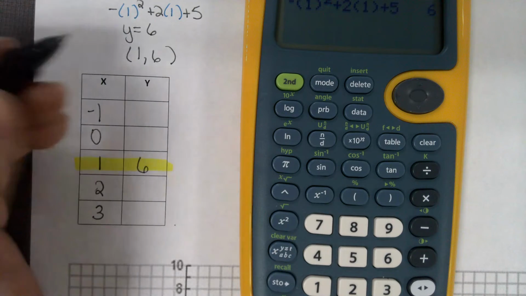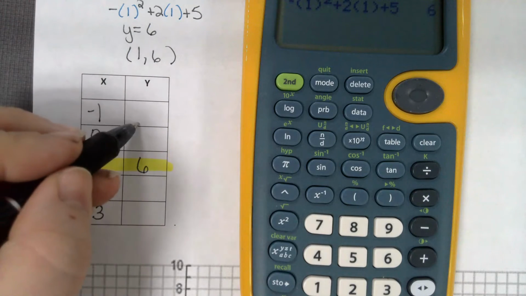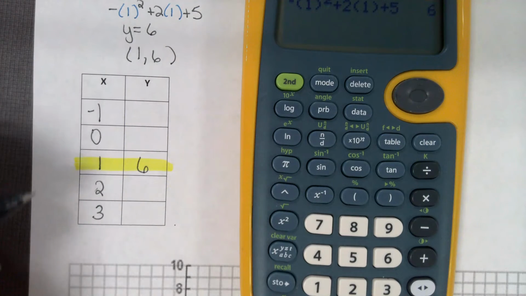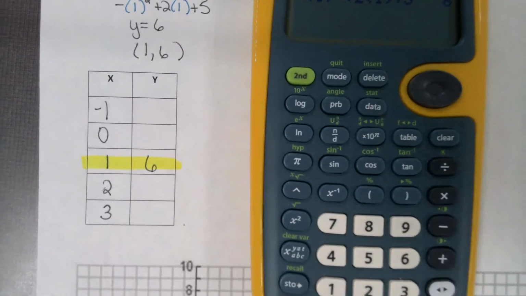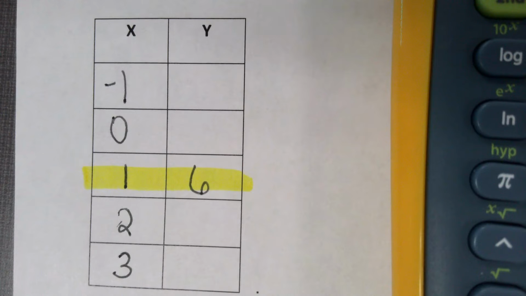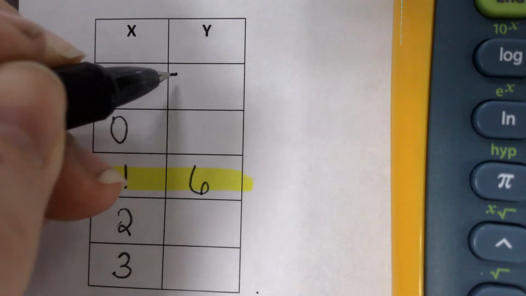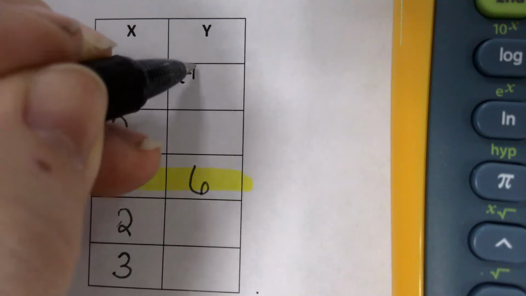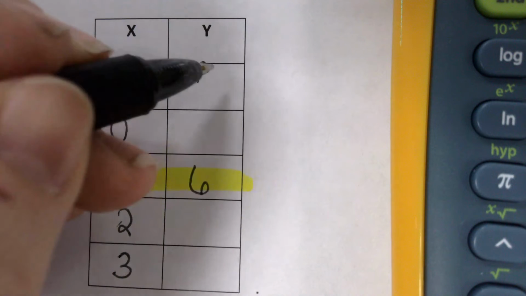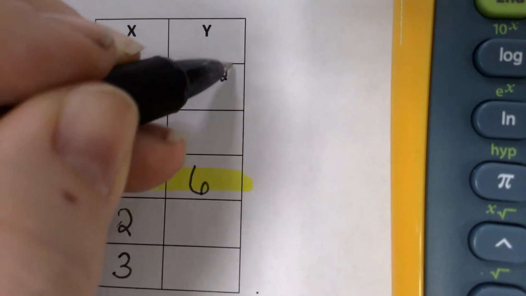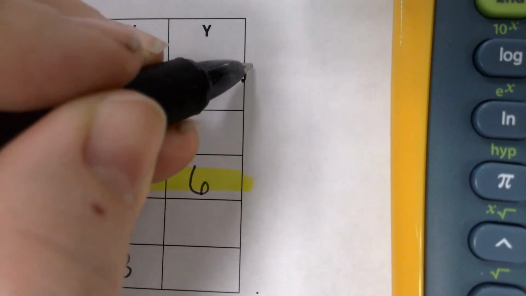So I'll write it up here and then we'll put the value right below it. I'm going to zoom in just a little bit for you to make it easier because I'm going to have this write kind of small so that you can see what I'm plugging in. So we have negative, here's our x value, -1 squared plus 2 times -1 plus 5.